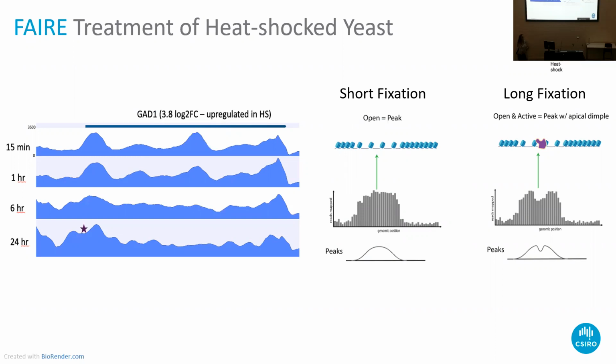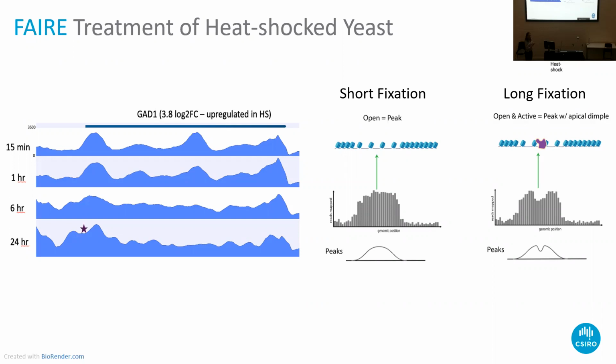And what we think is happening when you apply FAIRE to really heavily fixed samples is that in these open regions, it isn't just nucleosomes. Inside the cell, there's lots of other parts of the cellular machinery, the transcriptional machinery, that are interacting with the DNA at different times. And when formalin's allowed to go crazy for a long period of time, you're fixing more of that protein onto the DNA, in particular, RNA polymerase and the transcriptional machinery at open sites.